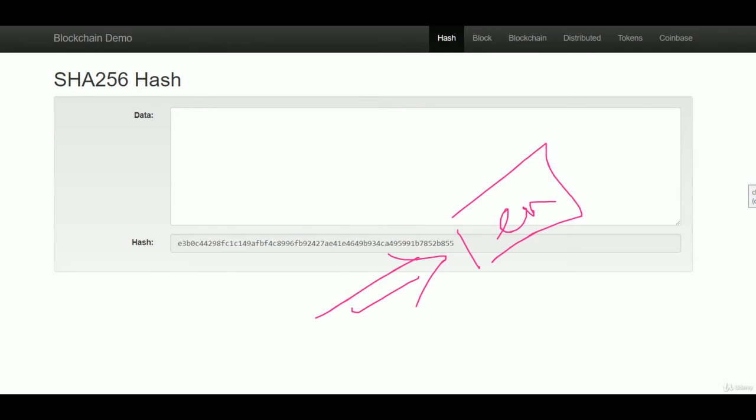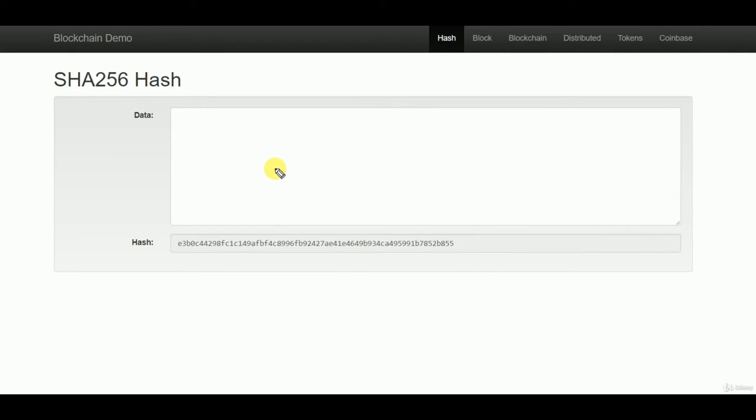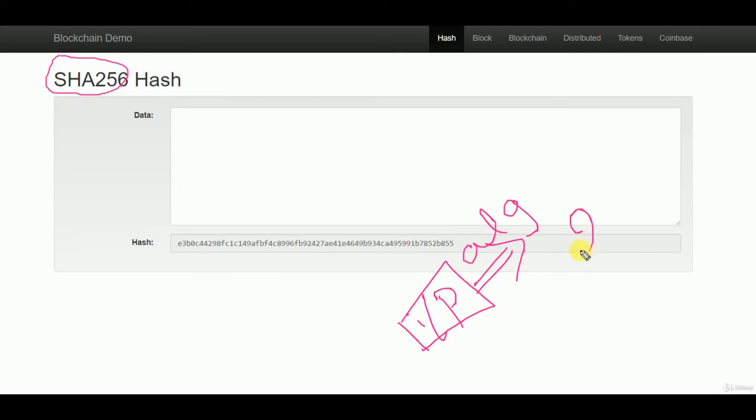There are so many algorithms available for doing this hash. In the Anders demo you can see SHA-256, which means for every input, the algorithm will generate a 256 bits output, or 32 bytes.